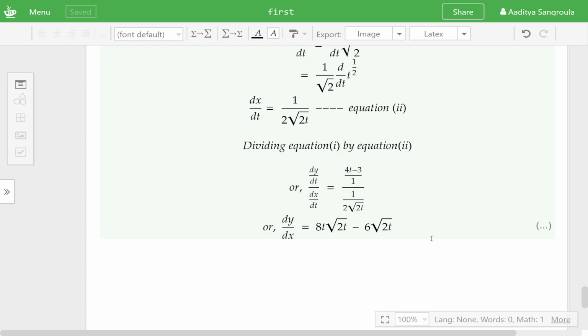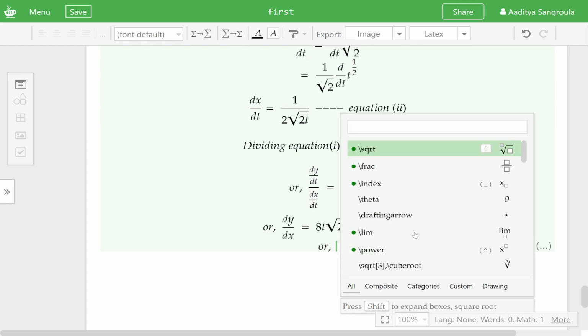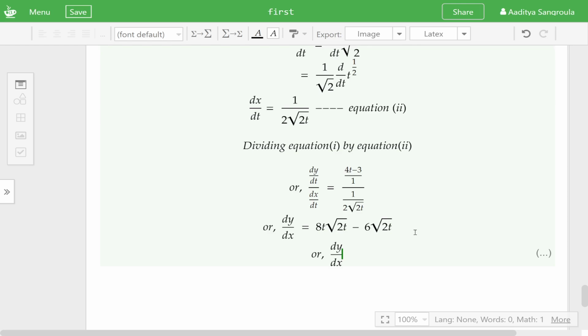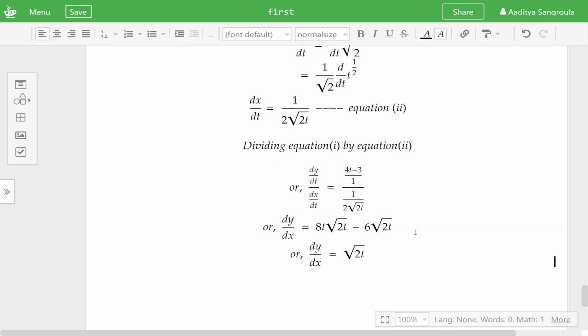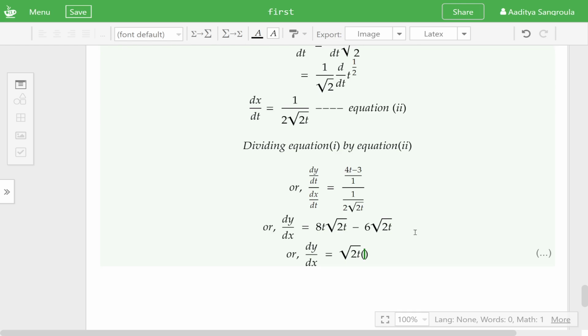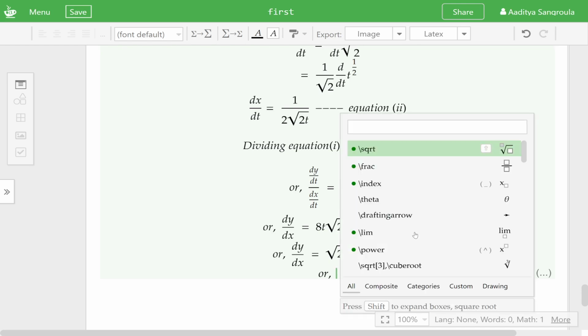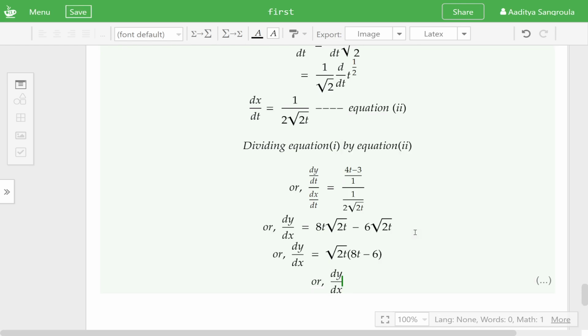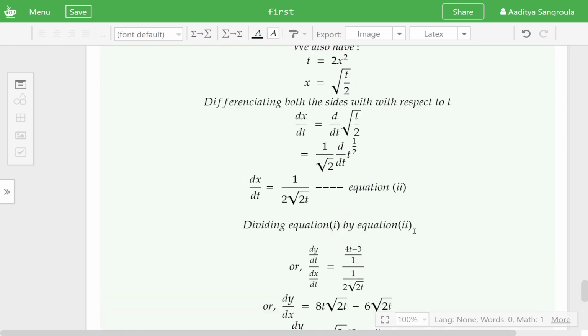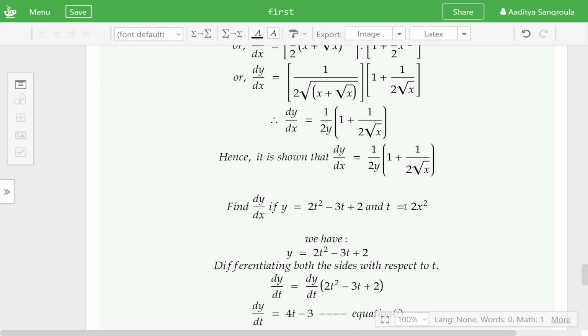Now we have this as dy over dt, dx, and so dy over dx equals square root of 2t as a common factor, and we have 8t minus 6. So dy over dx is equal to square root of, what is t equal to? 2x squared, right?